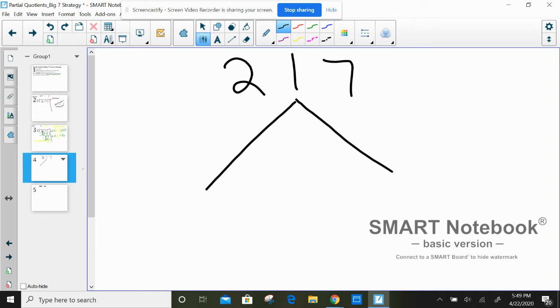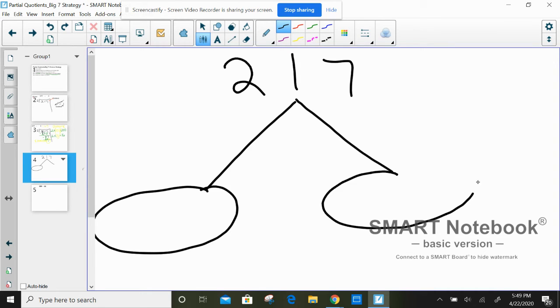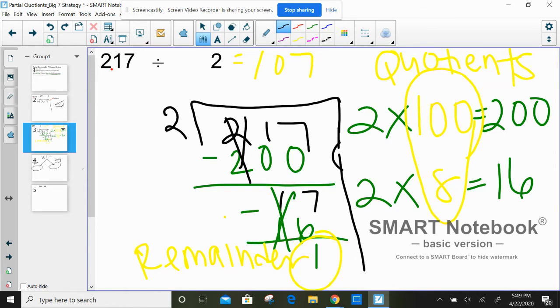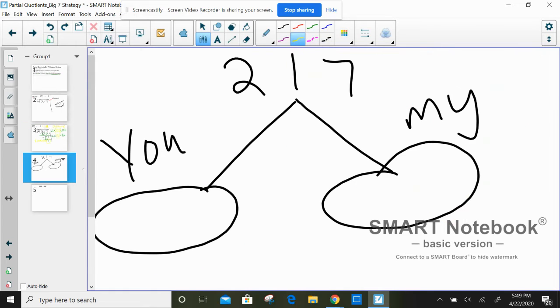You and I are going to share all of them. These are your cookies. These are my cookies. If we each broke up those cookies into two groups, we would each get 108 cookies, and there'd be one little cookie left over.